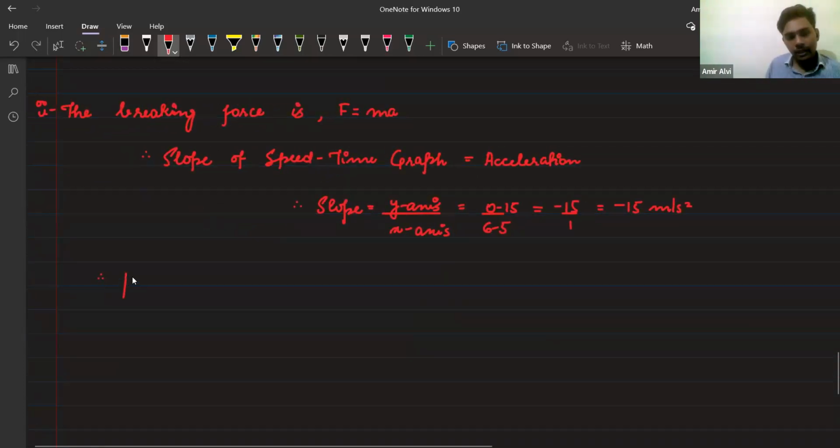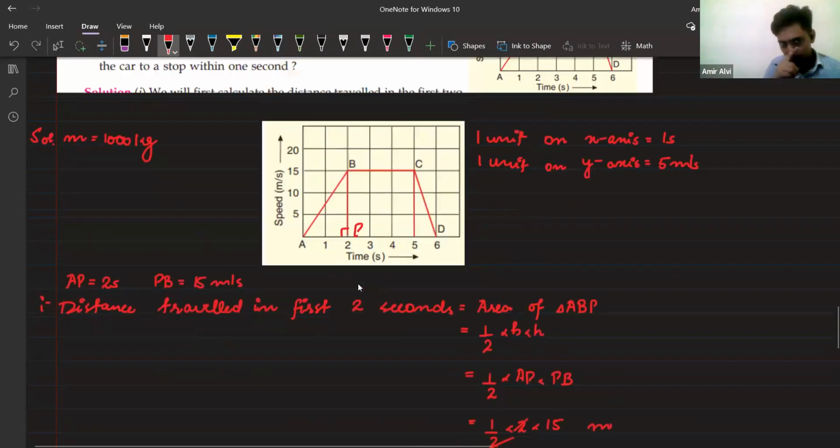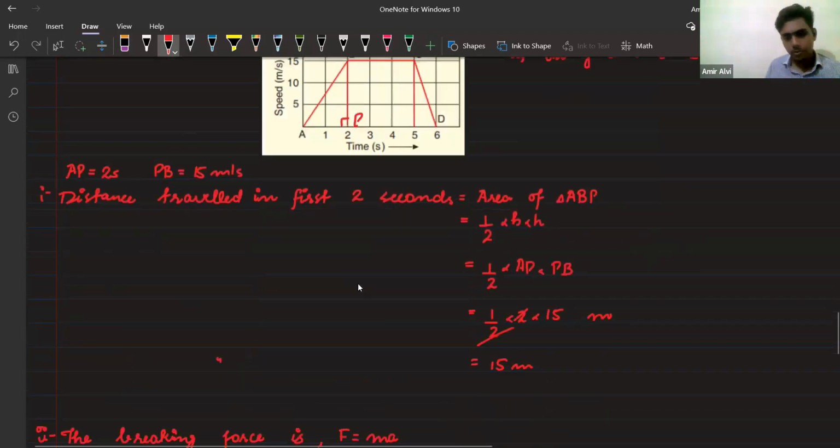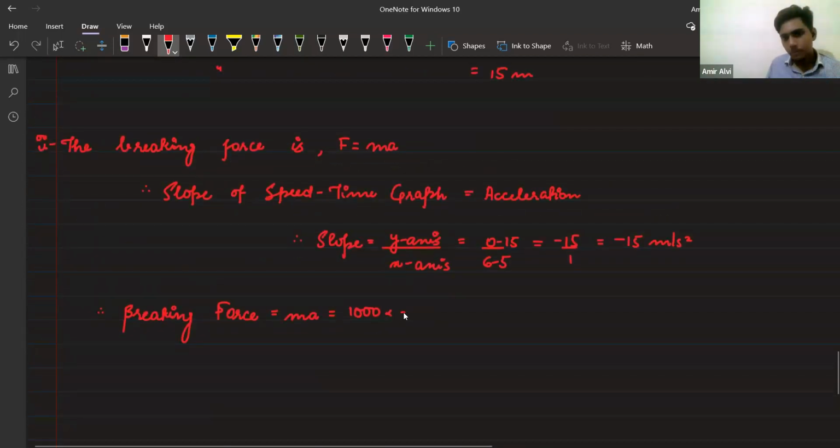And the braking force would be ma, that is 1000 into minus 15 Newton. So it is negative of 15,000 Newton.